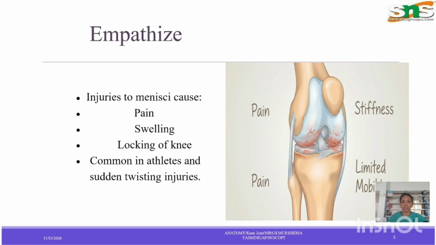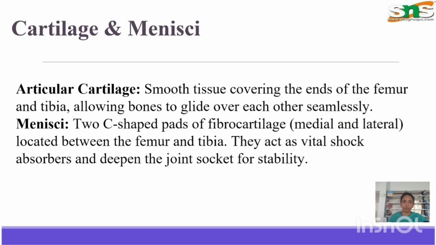So there is a need to know the anatomy of the knee joint. Then only can we classify the condition, diagnose, and frame a protocol for rehabilitation. So this is how we empathize why we need to study the knee joint.